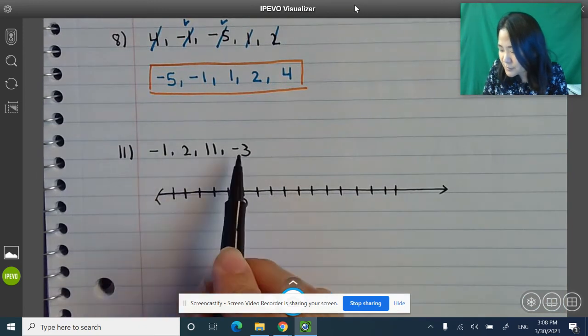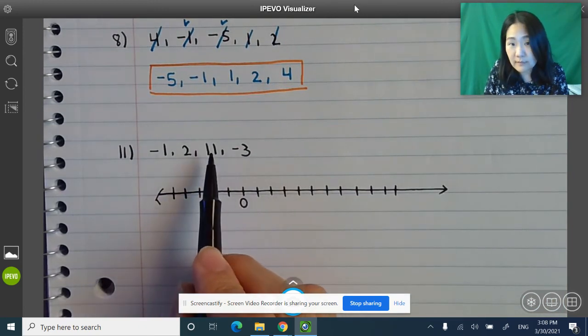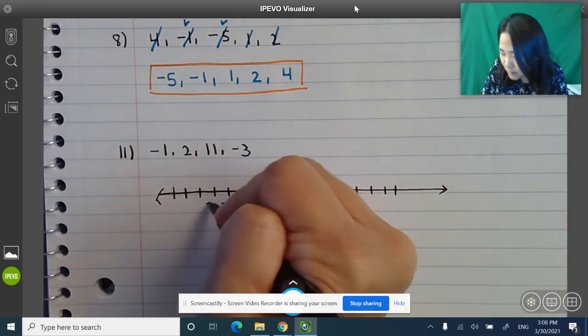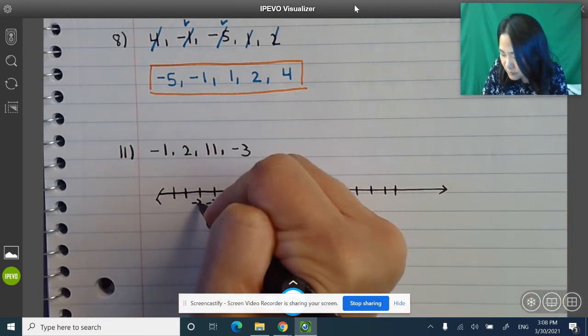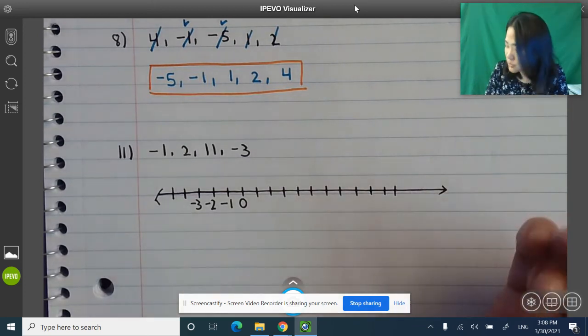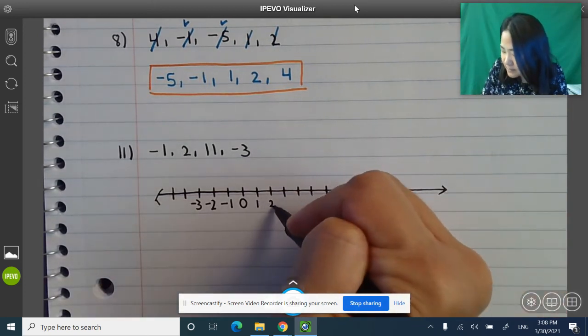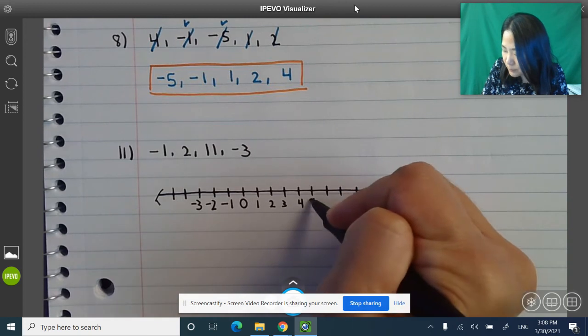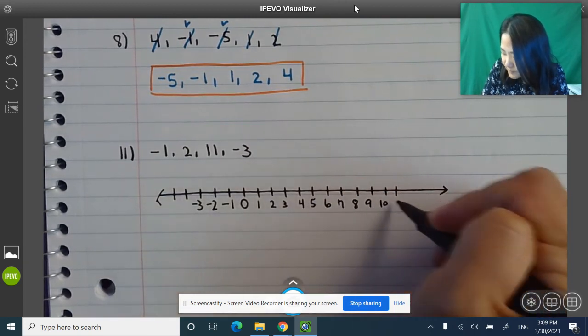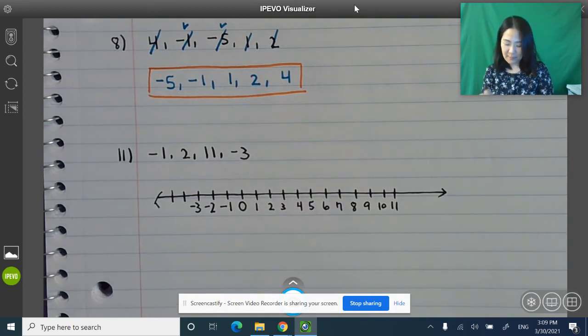And because it goes from -3 all the way to 11, I'm going to make sure I have all the numbers. So I'm going to have -1, -2, -3 on the left side, these are my negative integers. And then positive 1, 2, 3, 4, all the way to 11. Perfect. Okay, so let's say I'm going to graph all 4 points.